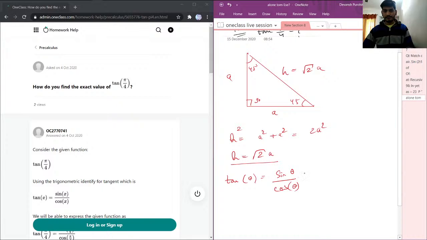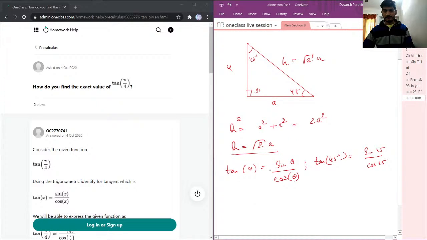Then we have tangent of 45, or we can say tangent of theta is opposite over adjacent, and for this triangle we have tangent of 45 as a over a, which is 1.